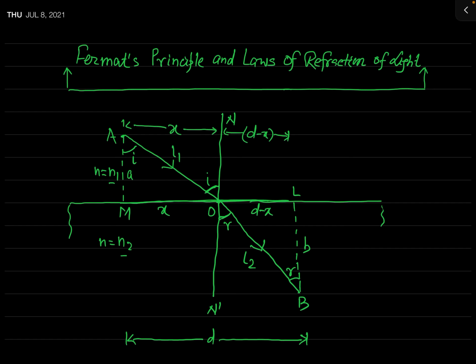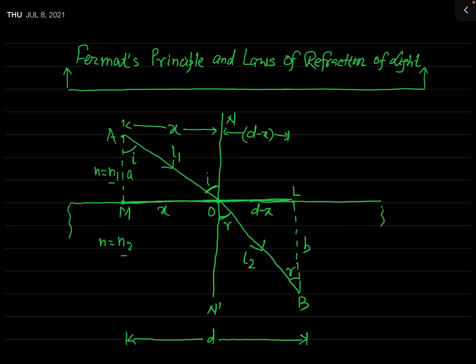Now since points A and B are fixed, definitely M and L will also be fixed. So I have assumed that the distance between M and L, that is ML, is constant, and that constant is equal to D.